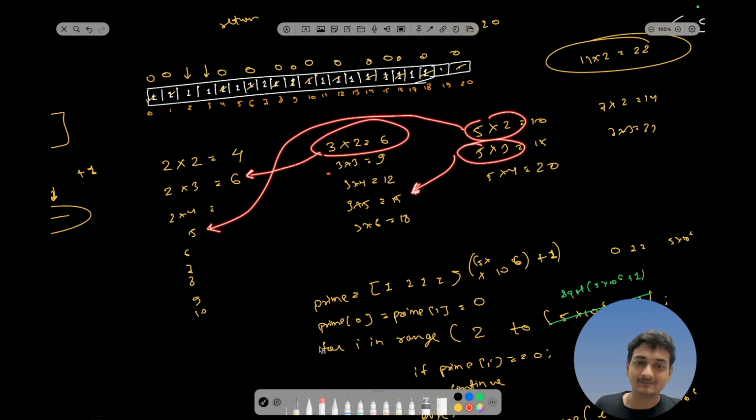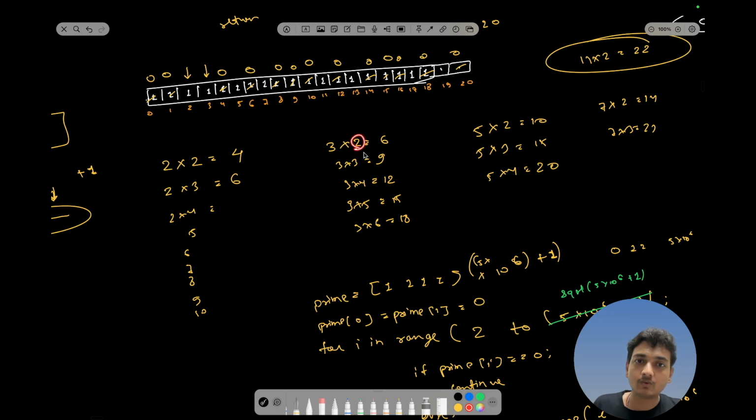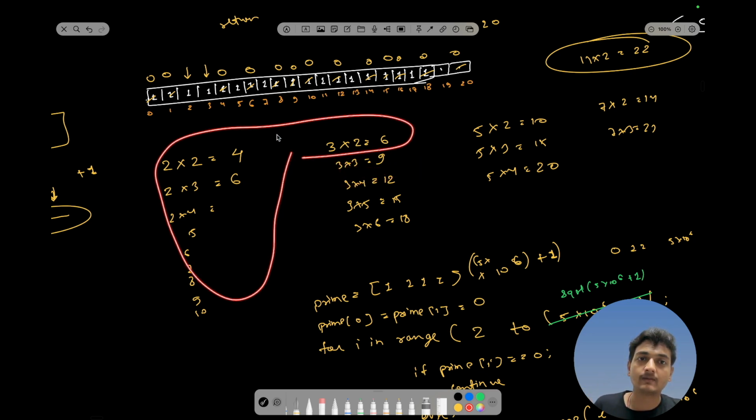So what I can do, instead of starting from 2, I can start from that number into that number, because that number is proof that it can't be reached from any of the previous numbers.